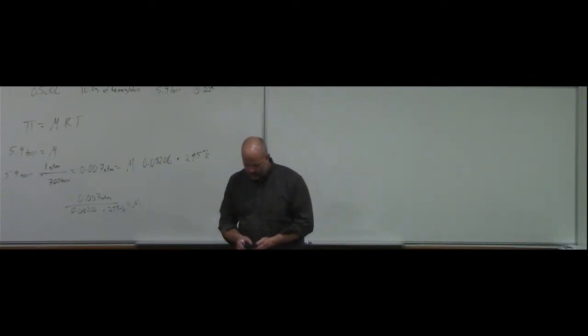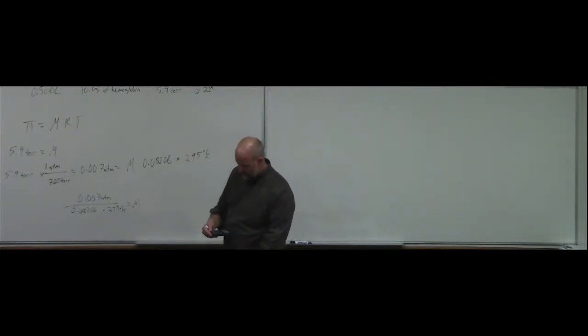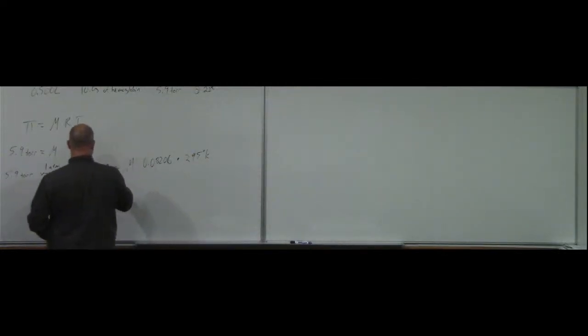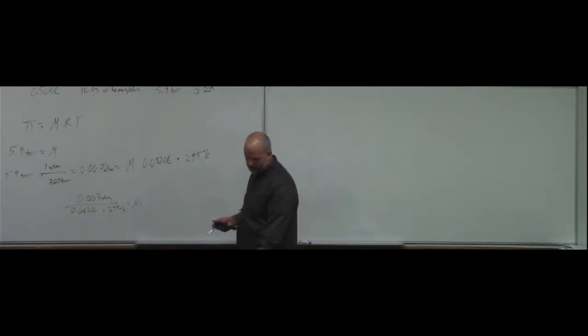So 5.9 divided by 760 equals 0.0078. Okay. All right. So that's our pi.